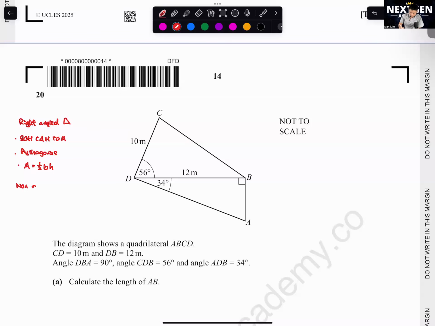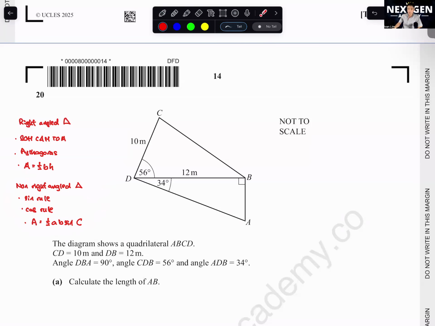Non-right angle triangle: we will use sine rule, cos rule, and area is 1 over 2 AB sine C. If you go to the formula sheet, page 2, the 3 formulas at the bottom are referring to this part here.